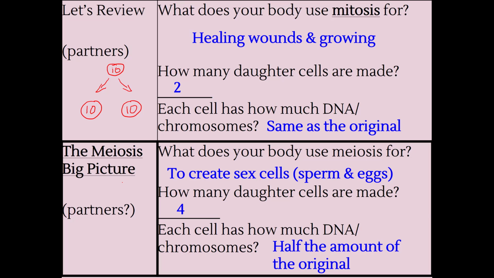So again, if I have 10, we're going to go through 2 divisions. So we're going to have 10 and then 10. And then once we divide again, each of those cells will have half of the amount as our original. Okay, and our original was 10. Again, we talked about this yesterday, so if you're a little unsure, make sure you go ahead and look at that vocab page on page 1 as a reminder.